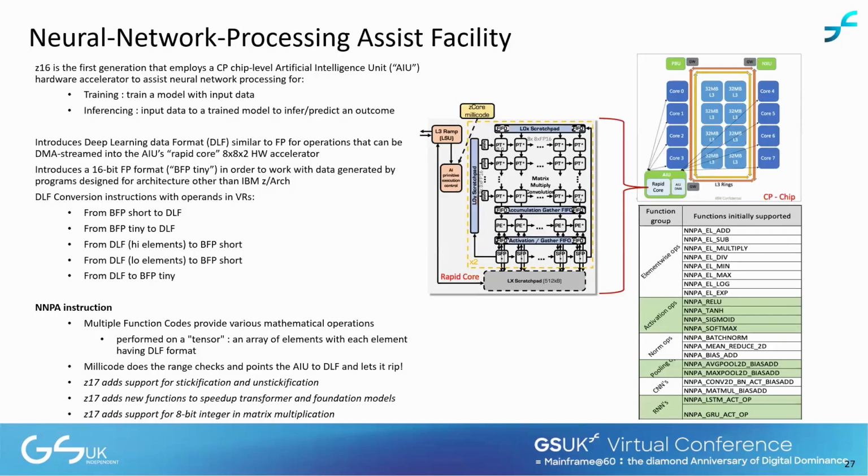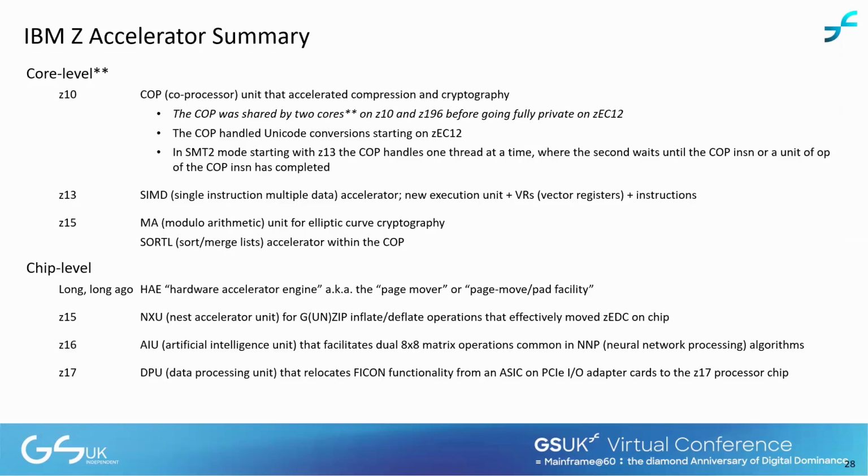The AIU, you maybe have been beaten to death, but details about that are in there, as well as updates for Z17. There's a short list of accelerators and what generation they were added, from that page mover that I was talking about earlier, from way back all the way up to the data processing unit, where we pulled the FICON from our custom integrated circuit from the PCIe adapter cards and stuck it on the Z17 core or processor chip.